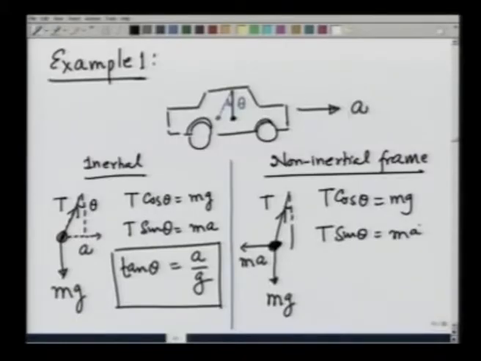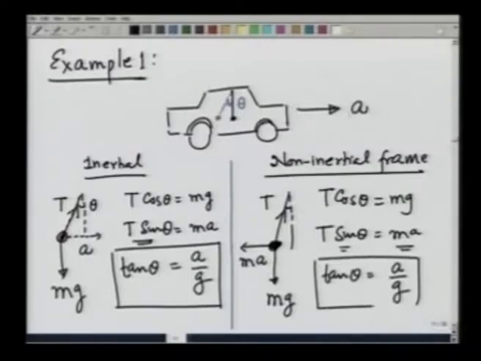Notice the difference. In the inertial frame, T sine theta gives you an acceleration towards the right. In the non-inertial frame, T sine theta balances the fictitious force, with the final result of course being the same, that tangent theta is a over g. So you see two ways of looking at the same problem, and of course I should get the same final answer, same effect.